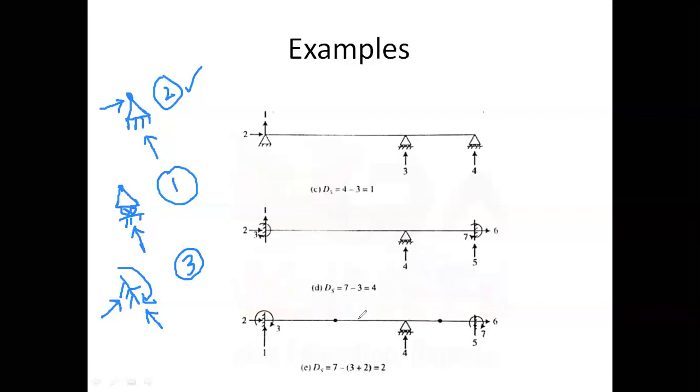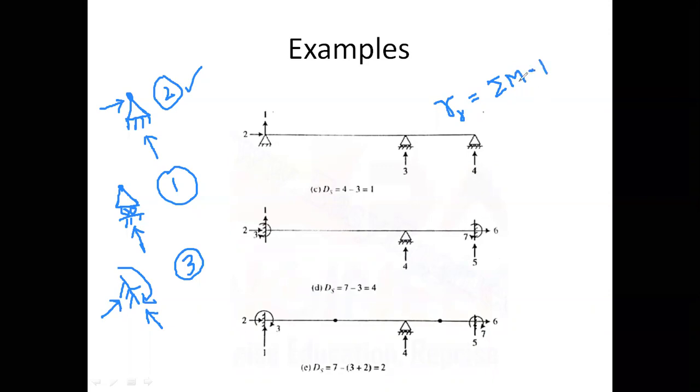So how many equilibrium conditions does each hinge release? Please try to understand the concept. The number of equilibrium reactions released by a hinge, that is represented by RR, is equal to sigma M minus 1. Rather than saying small m, because it will cause confusion with number of members, let us say capital M minus 1.